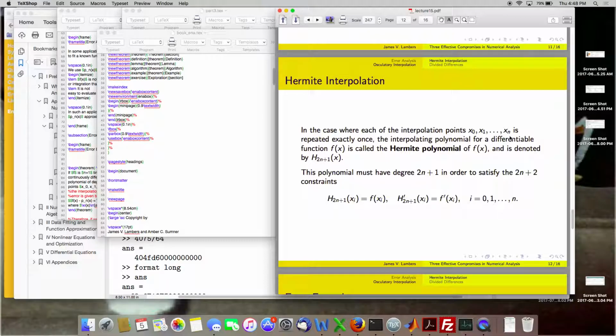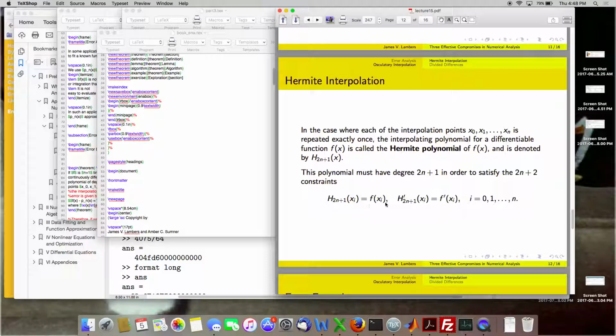When you had n plus 1 points, your polynomial was of degree n. With 2n plus 2 points, your polynomial is of degree 1 less than that, so it's degree 2n plus 1. That's how I'm going to identify my Hermite polynomial, capital H sub 2n plus 1, to indicate the degree. And it's always an odd degree.